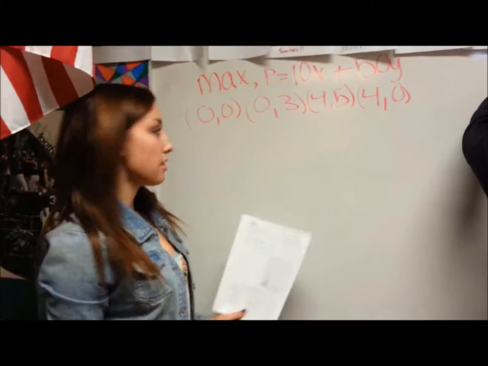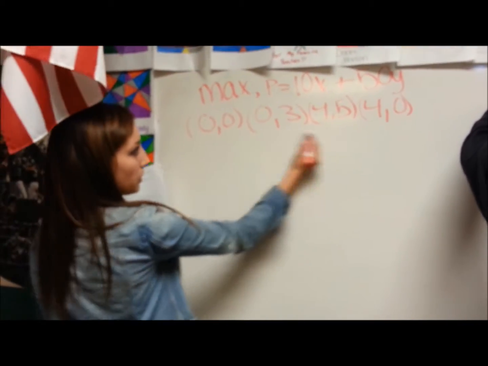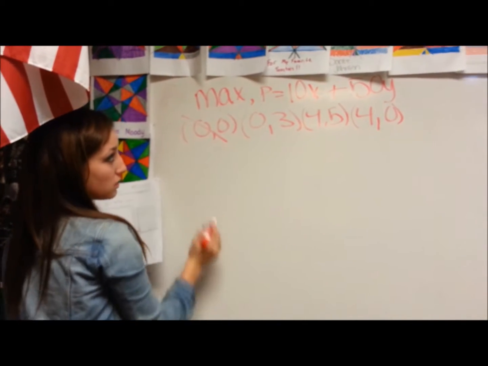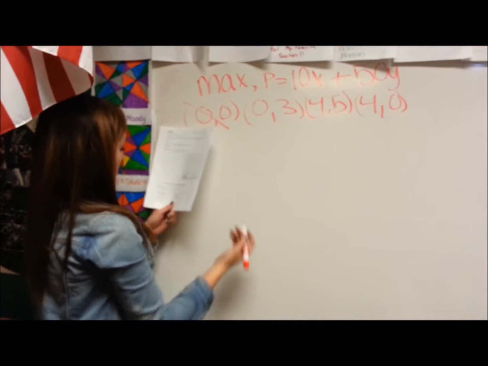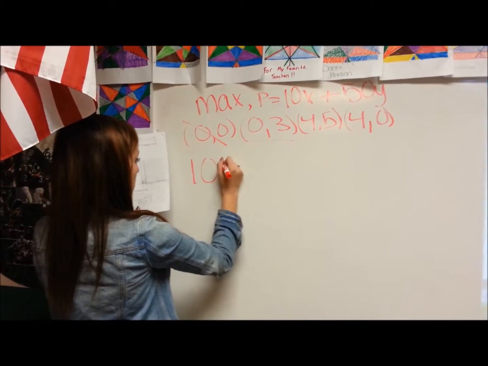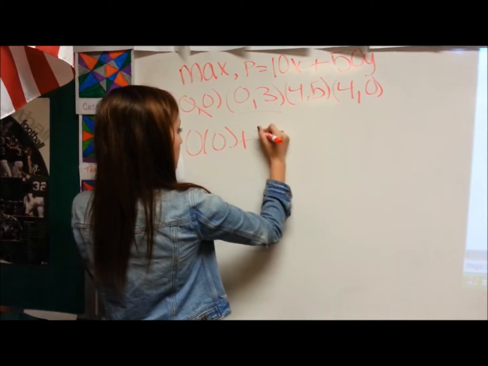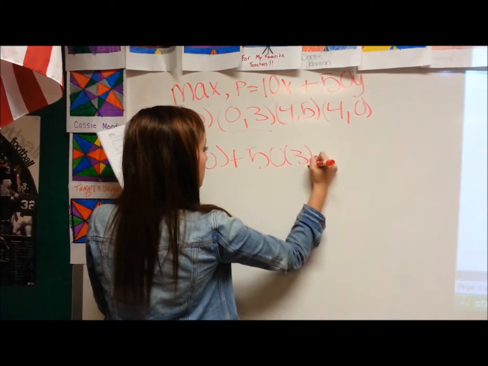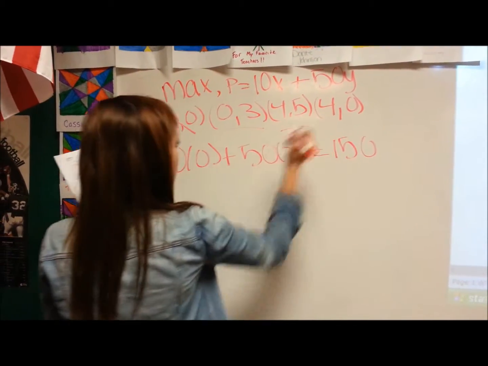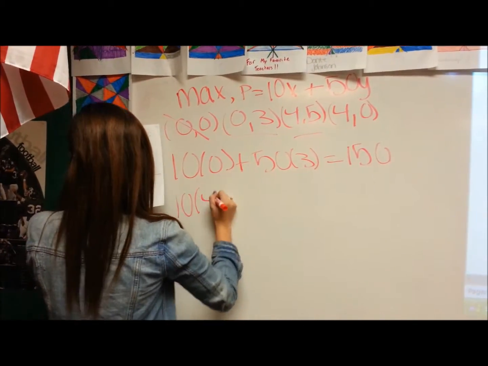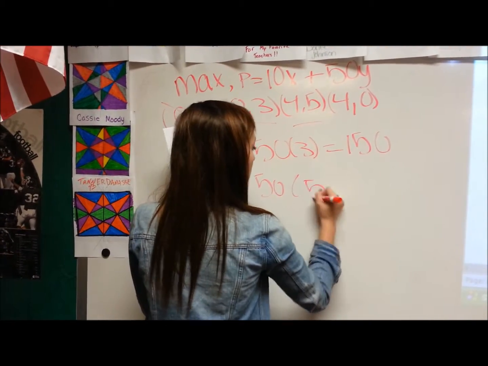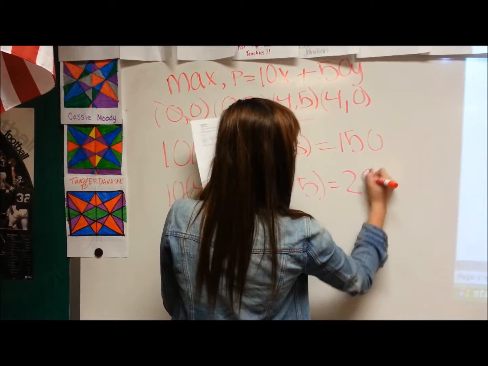Write the points off. Then you have to find the max by plugging in all the points you found into the equation. So you know 0, 0 is not going to be the max, so then you're going to do the second equation. So you're going to put 10 times 0 plus 50 times 3, and that's going to equal 150. And then you're going to do this equation, and you're going to do 10 times 4 plus 50 times 5 equals 290.